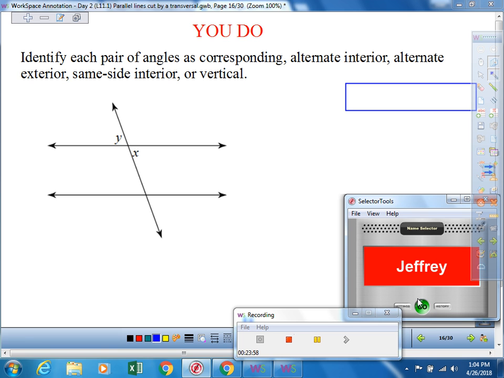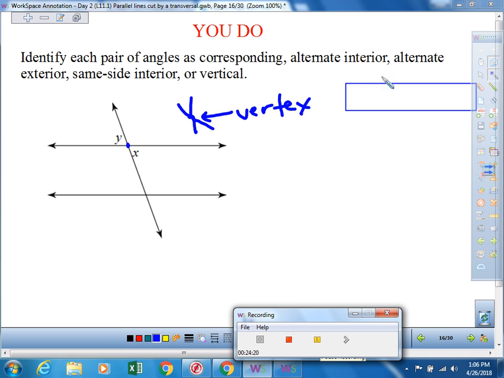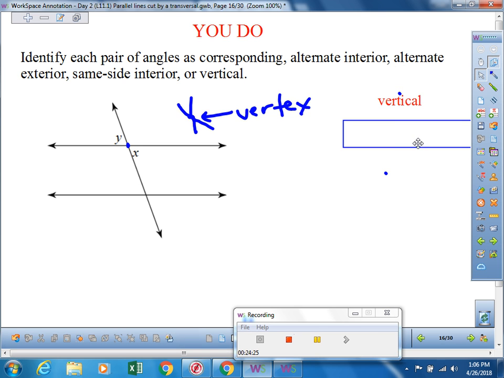Jeffrey, what do you think? Well, what did you share with your shoulder partner? Vertical. They are vertical angles. Okay, vertical angles share a vertex.